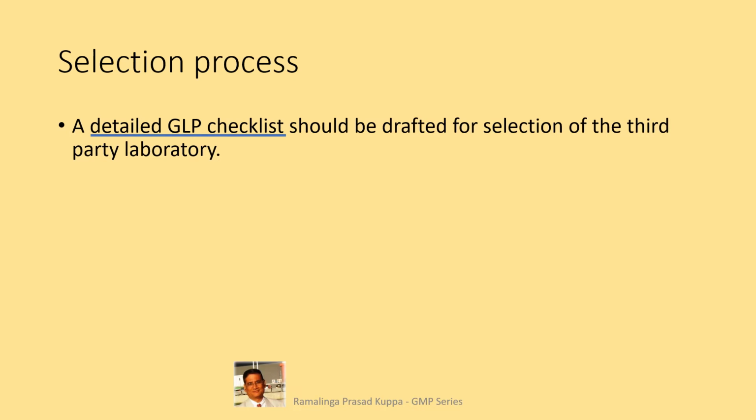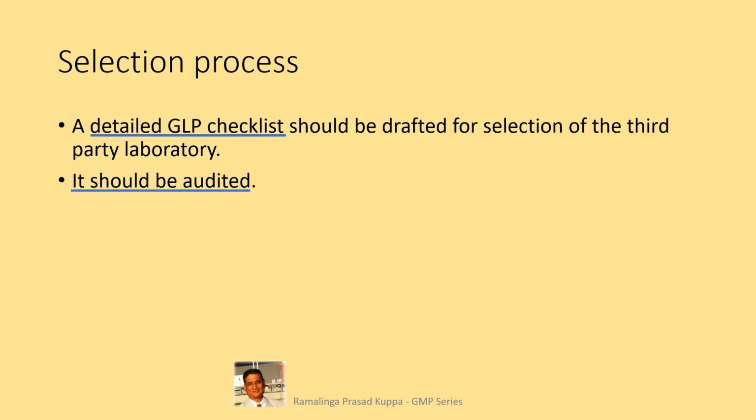A detailed GLP checklist should be drafted for selection of the third-party laboratory. The checklist of compliance will help to cover the entire operations without any missing point. It should be audited.